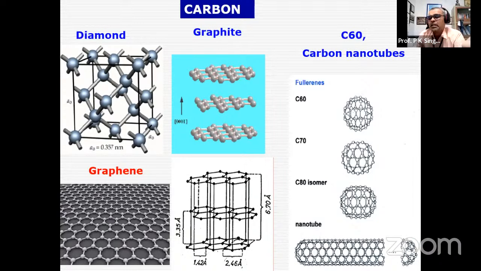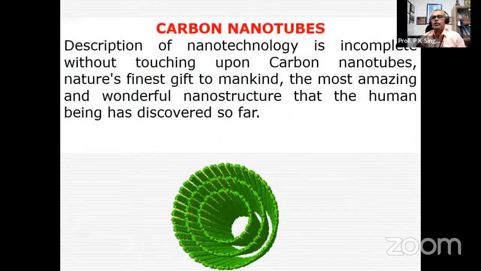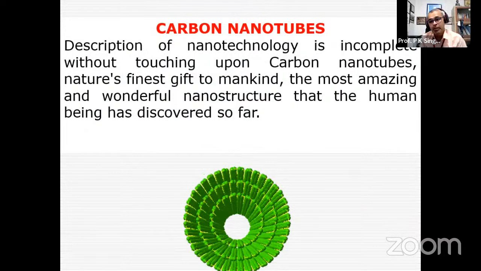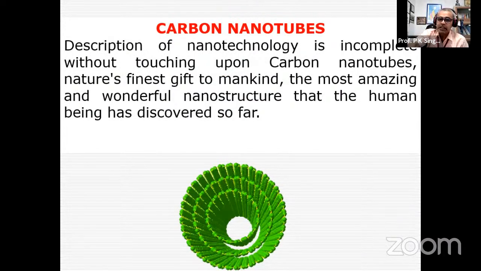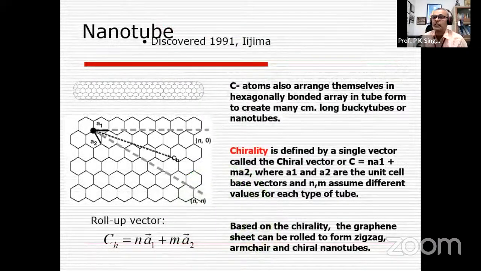If you make it a sheet like our mat, a single layer is known as graphene. Carbon nanotube is a very wonderful material, already discovered in 1991, and it is already defined that a single layer of this material is graphene.